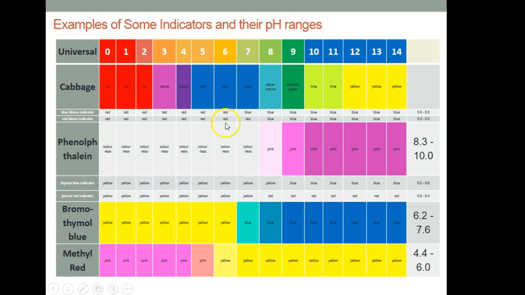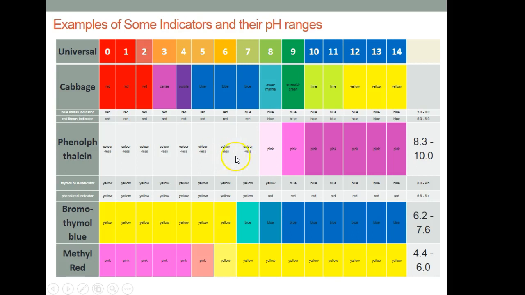Now, red litmus also has a single color change, and that's between 6 and 8 or 5 and 8, okay, kind of like the blue litmus. And again, the distinct color change is from red to blue. Phenolphthalein, if I look, the distinct color change would be from colorless, where it's gradually getting pink.